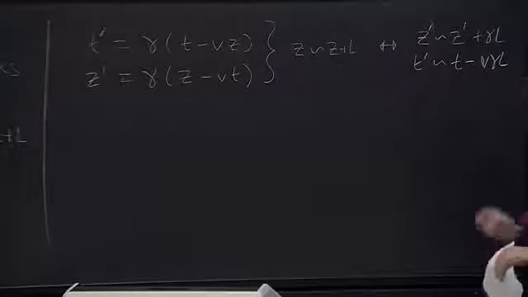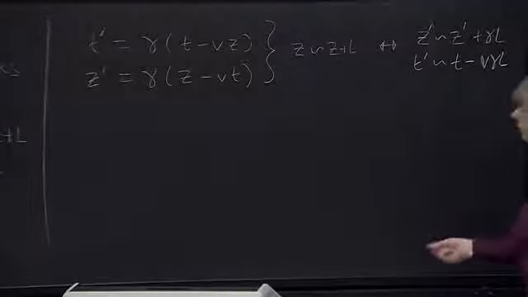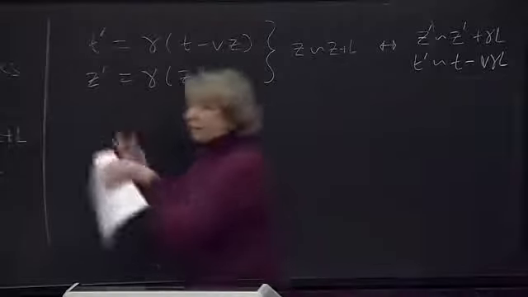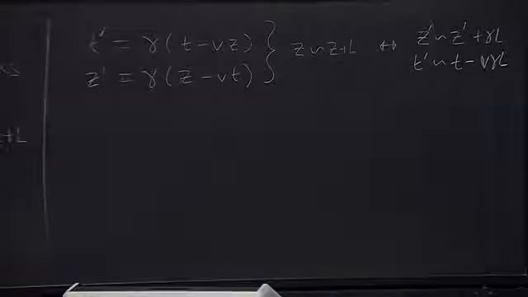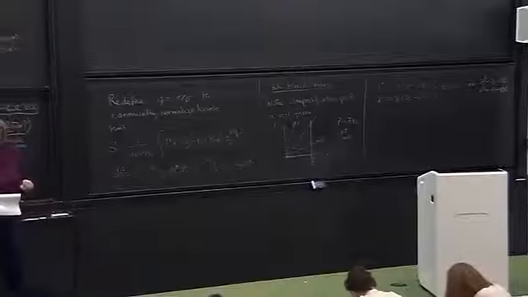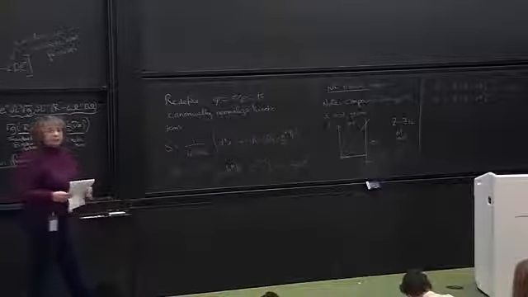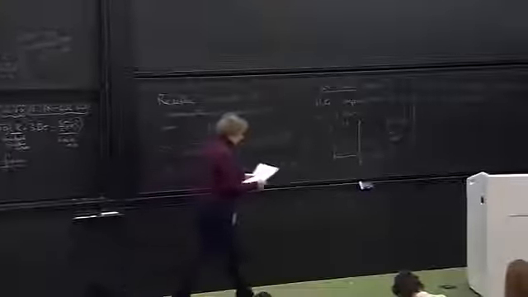So we are identifying points at different times. If we'd already compactified in the TZ direction, when we had a Lorentz boost, we'd then be identifying points at different T primes.